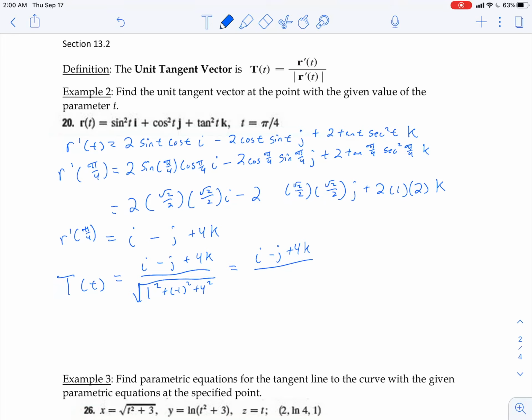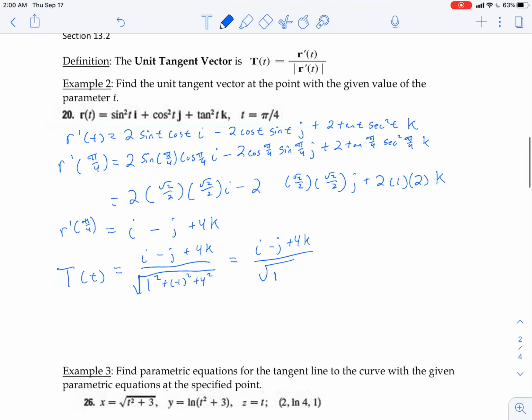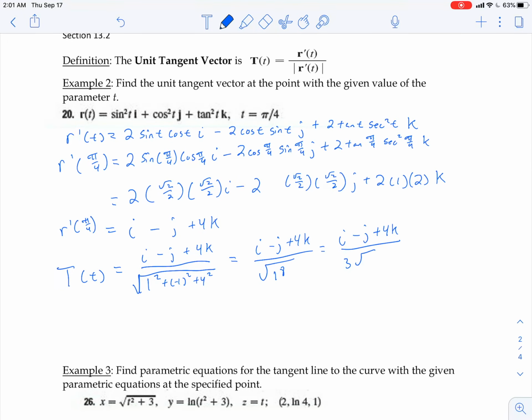We get i minus j plus 4k all over the square root of 1 plus 1 plus 16, so 18. That reduces, since 9 times 2 is 18 and the square root of 9 is 3, to 3 square roots of 2. And there's our answer.